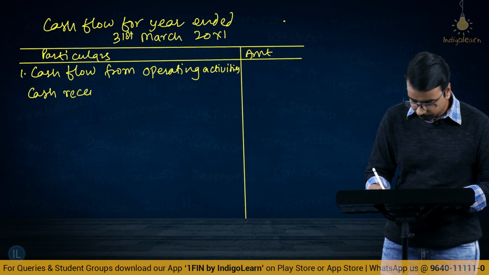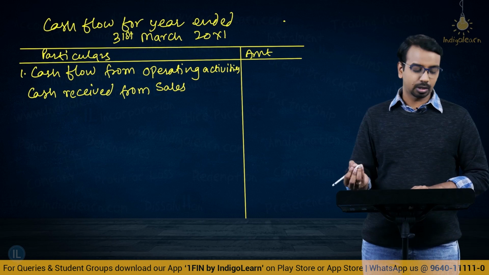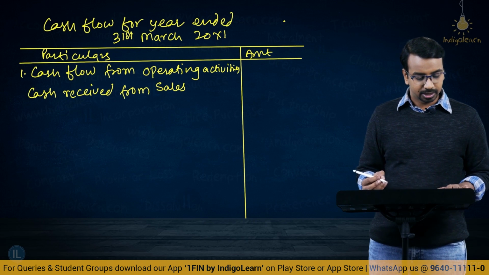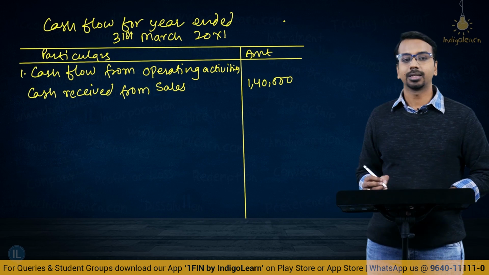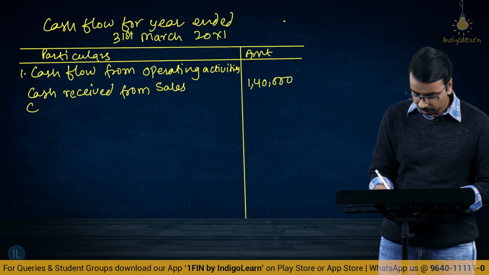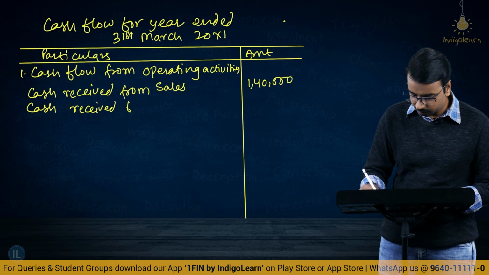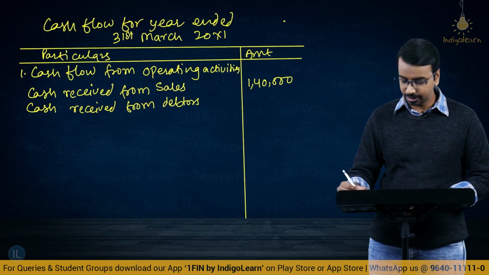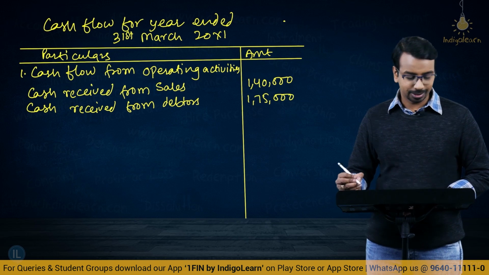So you have cash received from sales, or sale of goods, or cash sales, that is given as 1,40,000. Then you have cash received from debtors, that's given as 1,75,000.